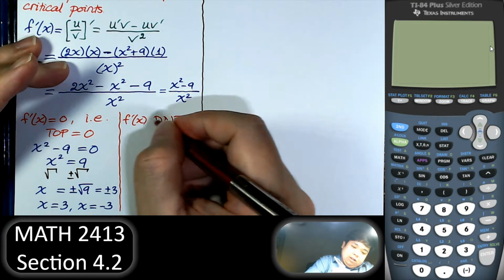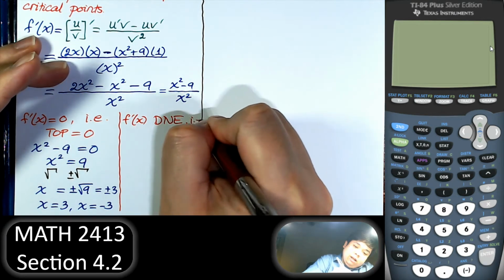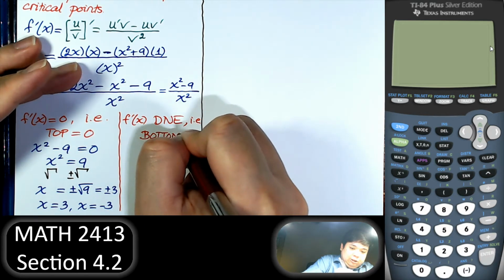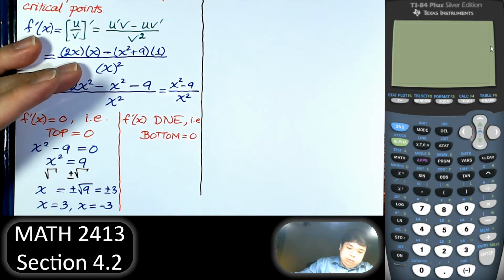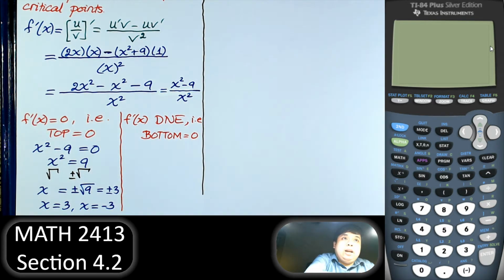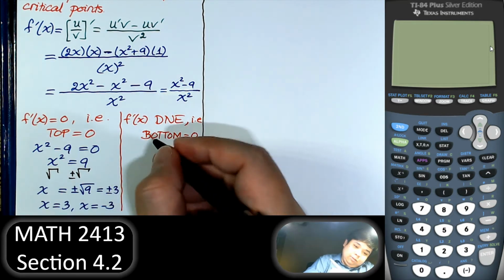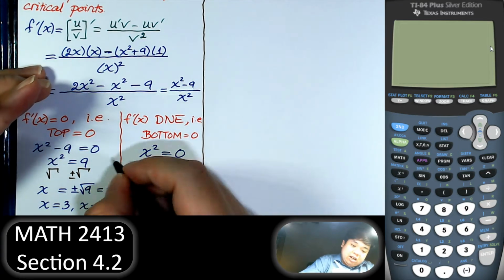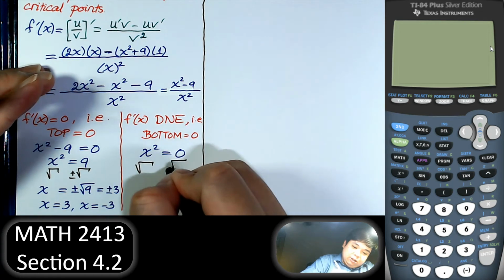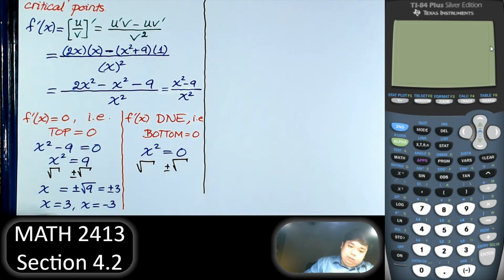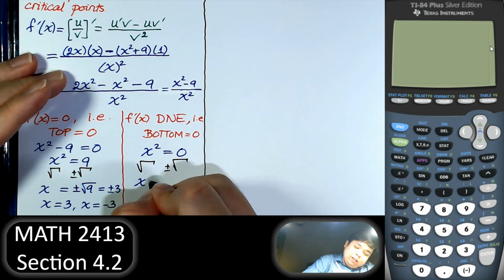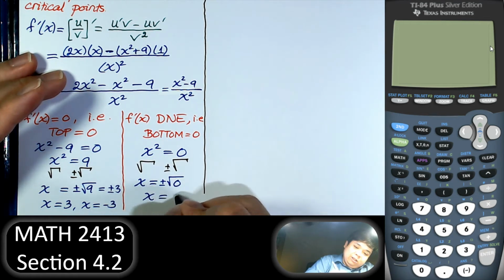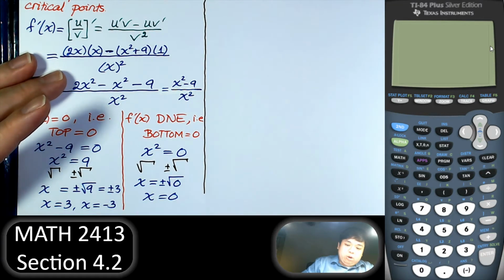And then the derivative does not exist, meaning the bottom equal to 0. In this case, x squared equal to 0. Once again, take the square root on both sides. So x equal to plus or minus square root of 0, which is still 0. So we have those points.